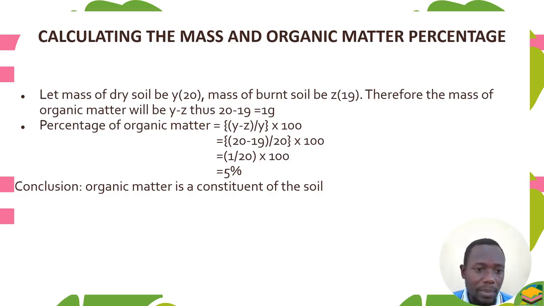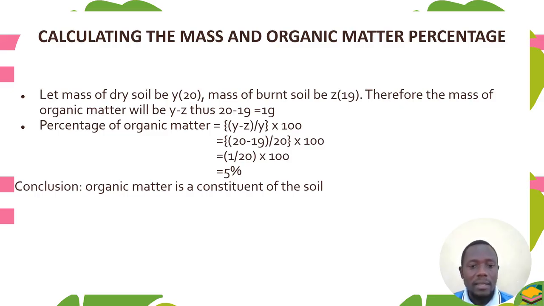Then let's look at how to calculate the percentage of organic matter. To calculate the percentage, it will be Y minus Z, which is the mass of the dry soil minus the mass of the burnt soil, divided by the mass of the dry soil, which is the total mass, multiplied by 100.